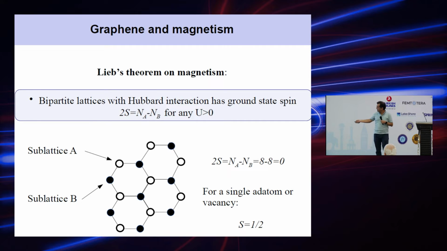For instance, if you have such a bipartite lattice, the numbers of A and B atoms are equal to each other, which means the total spin should be 0. However, if you remove one of the atoms and you have a vacancy, in that case the total spin will be 1/2, so there's magnetization induced around the vacancy.